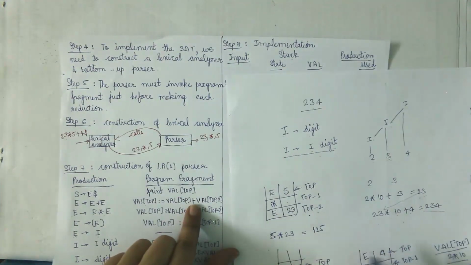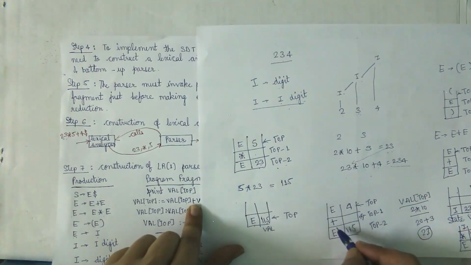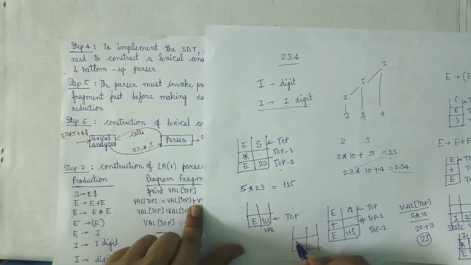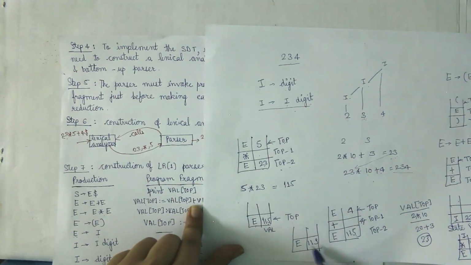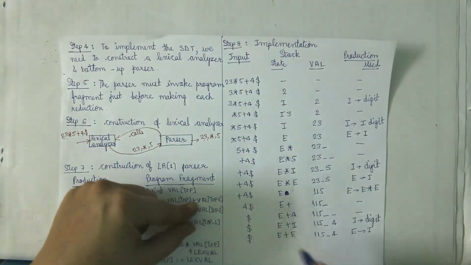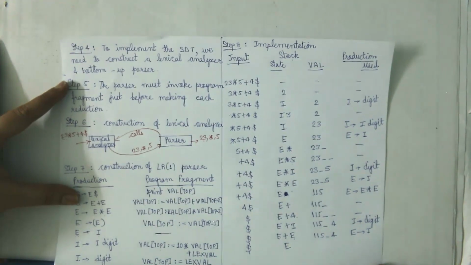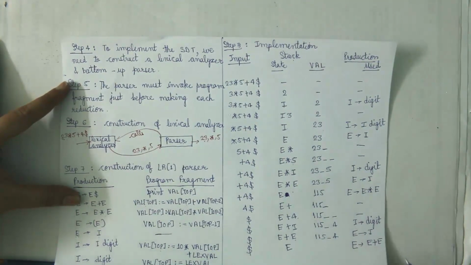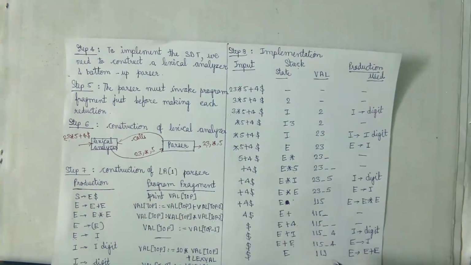Add them, which is 115 plus 4, that will be 119, and store the answer back into the stack with E. So this is E, and the new answer stored is 119. So E plus E will be reduced to E with the production E tends to E plus E, and we get the addition result 119 here.